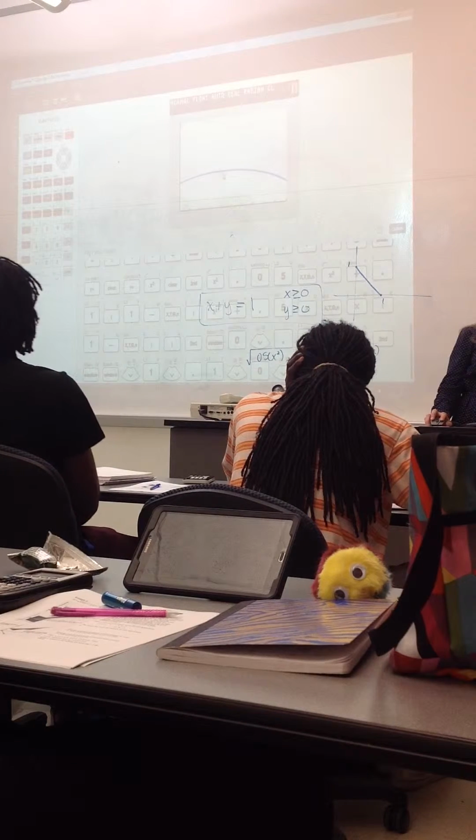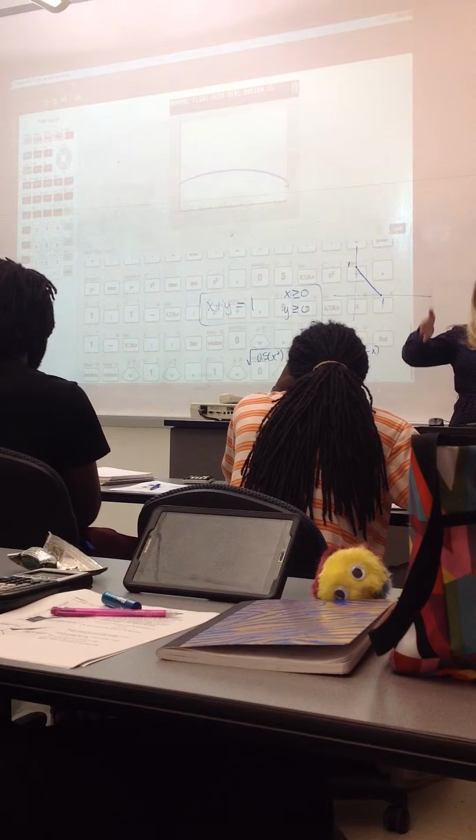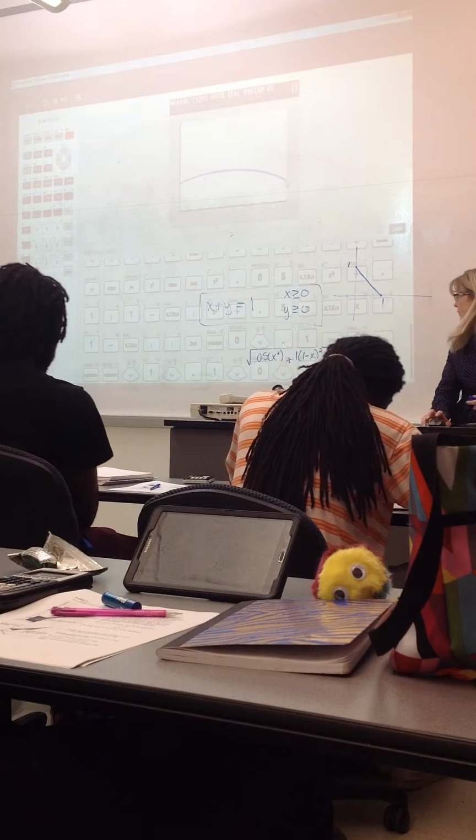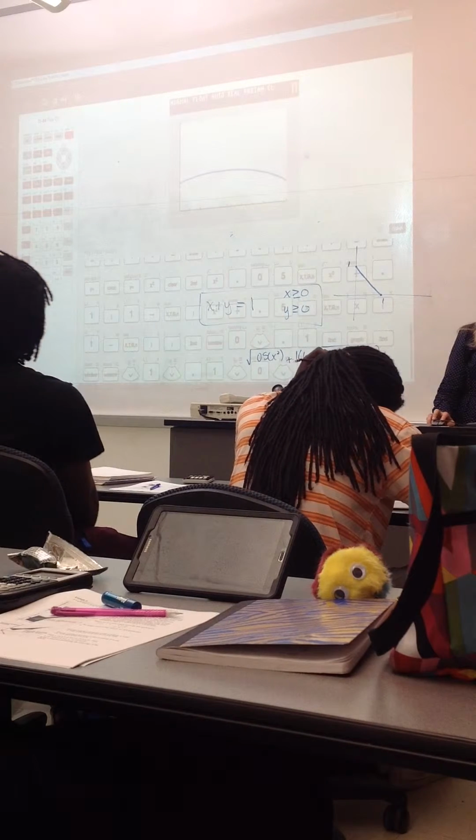Okay, so, interesting, it looks like we're hitting a maximum too, and our minimum looks like it's over here. Because remember, we know that X and Y are limited by 1, so I've set the window correctly.